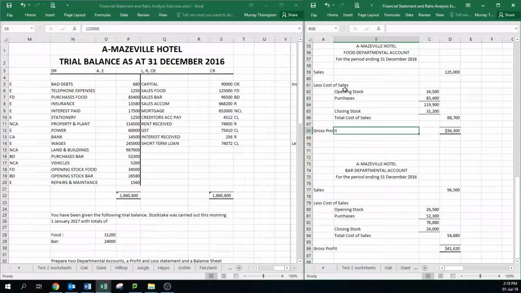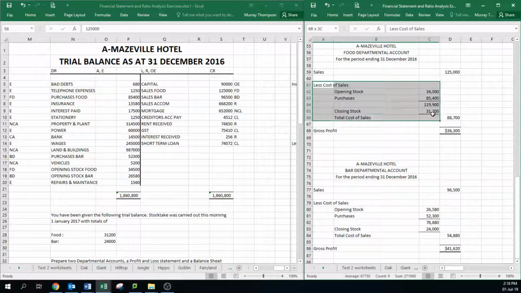The other equation that's happening on these is how to calculate cost of sales. Again, this is on Canvas, the cost of sales unit, but you just go opening stock plus purchases minus closing stock. So you do need to do two equations to make this work properly.